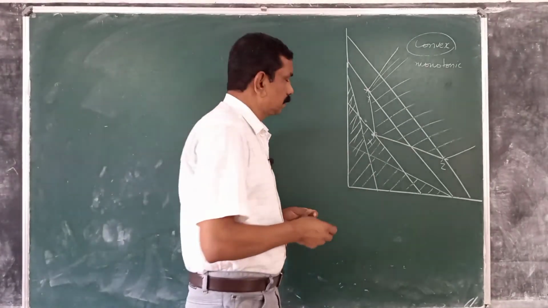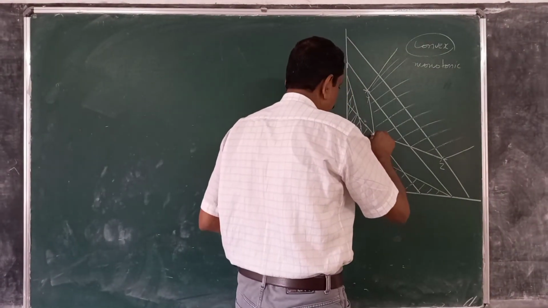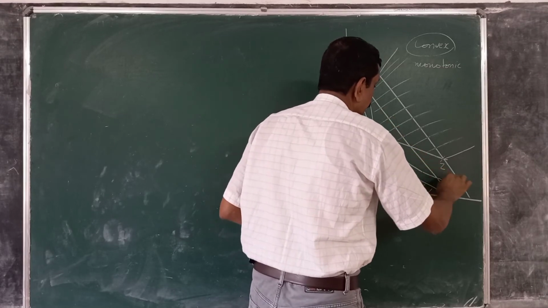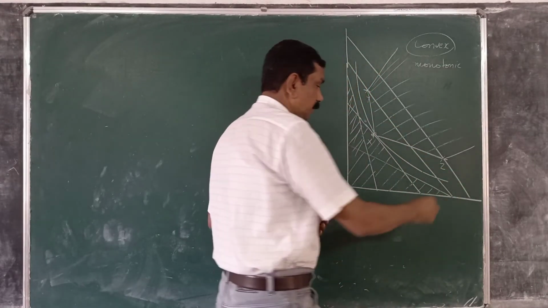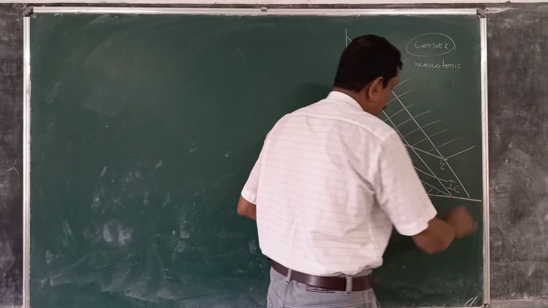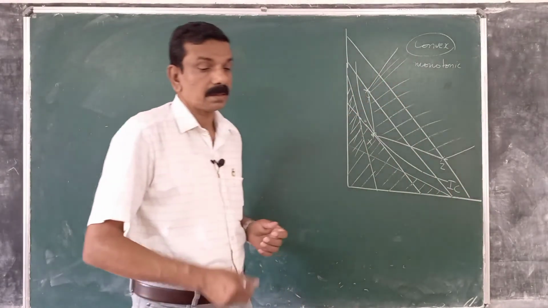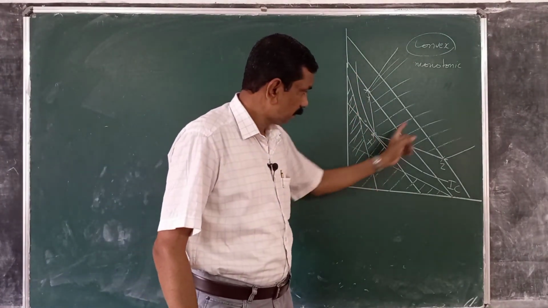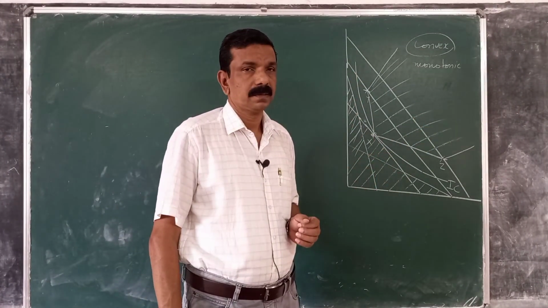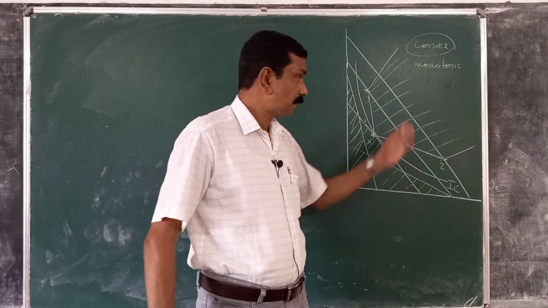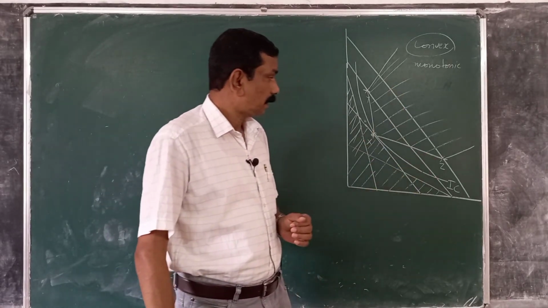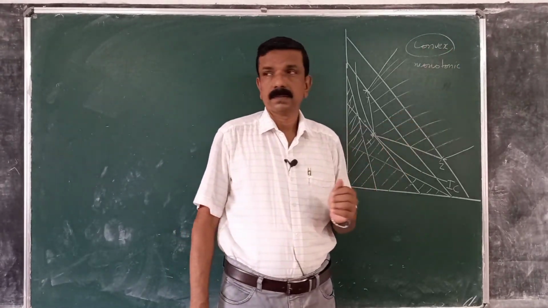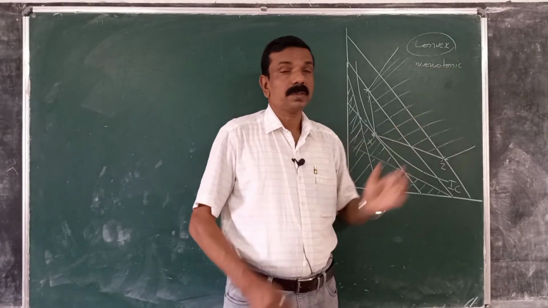So if there is an indifference curve passing through X, it must have a shape like this. It must lie somewhere between these two shaded areas. And remember this, for this analysis, we have used what is known as convexity and monotonicity.